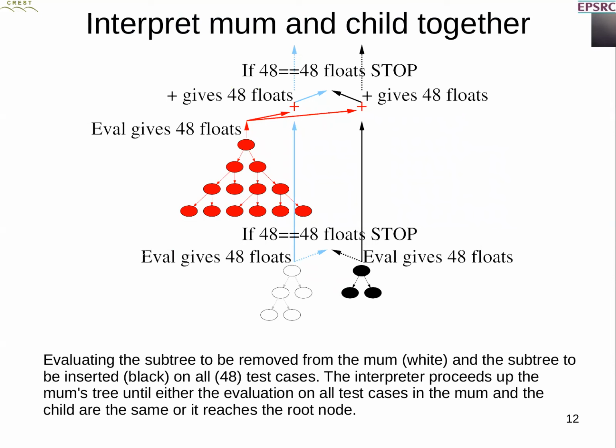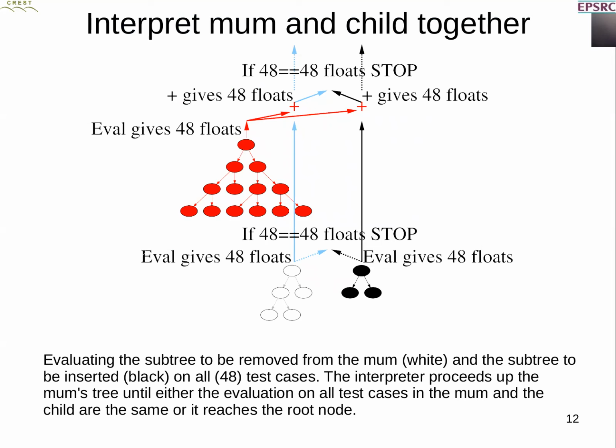So we only need to evaluate it once. So that code is evaluated. Its values are passed to the addition. After the addition operates on values from the new black subtree and the old white subtree, there's a comparison. If they're the same, we can stop.